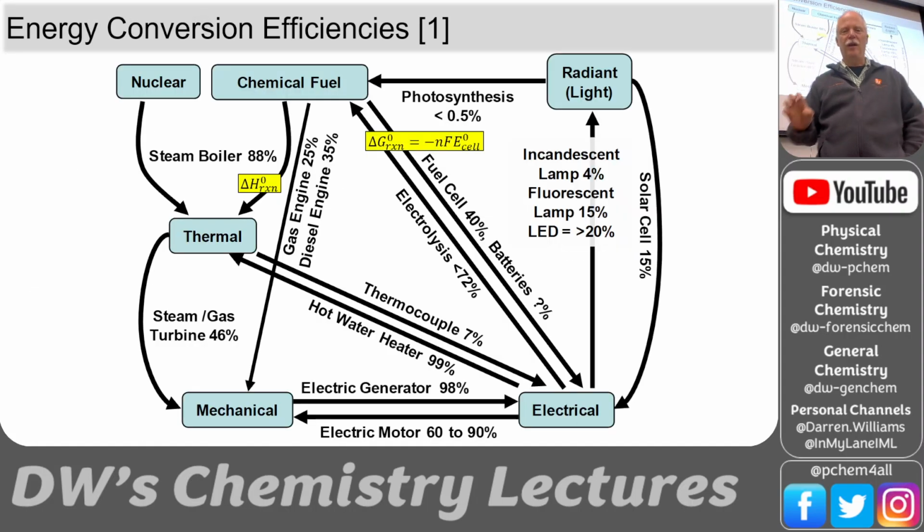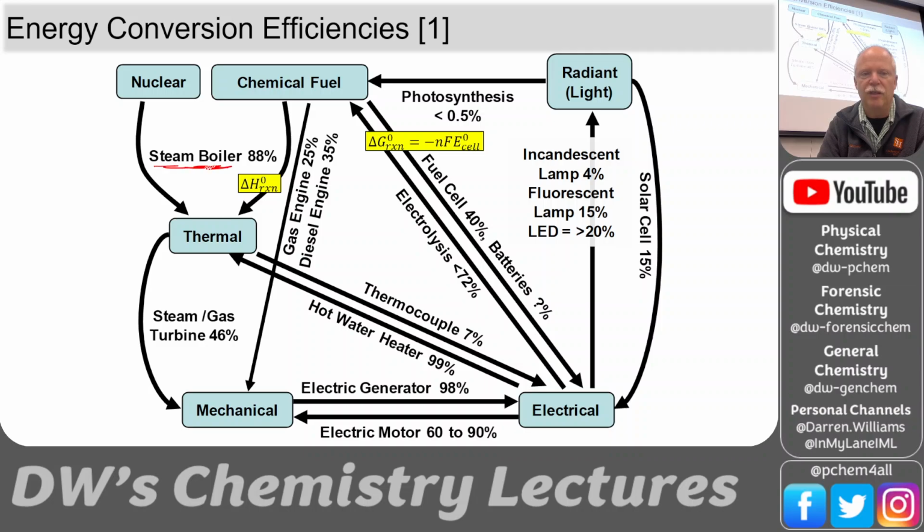So another part of this course that we're going to cover here at the end is the conversion efficiencies. And so this is the overall series of conversion efficiencies, and this is a really good chart to have because this shows how we convert from chemical fuel to thermal fuel most of the time by making steam.